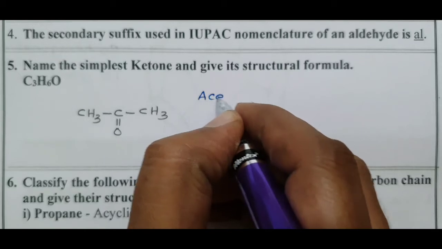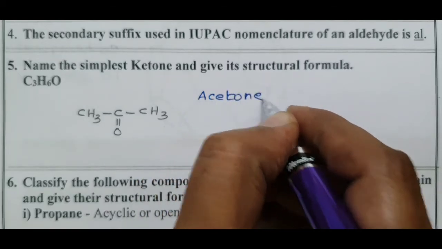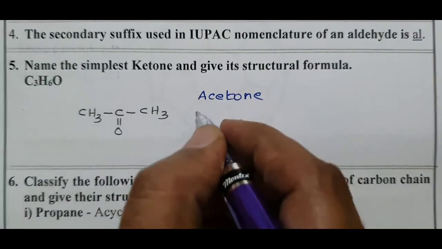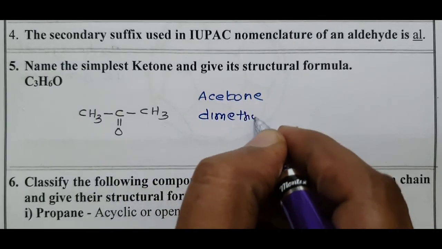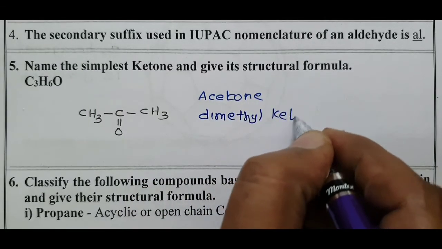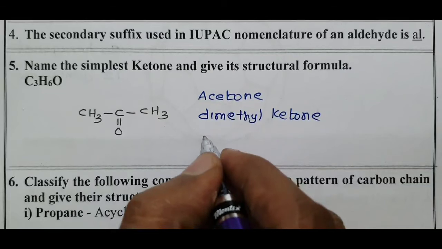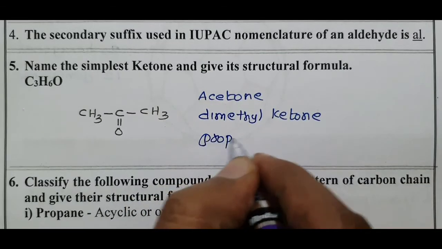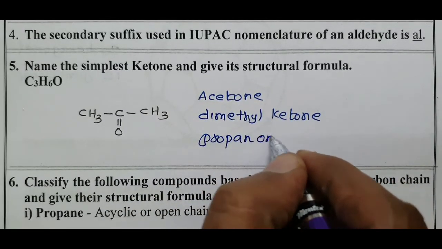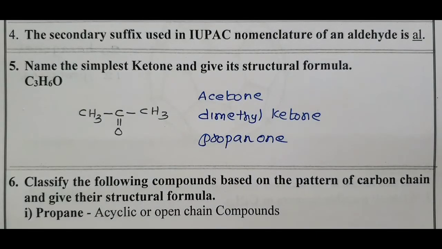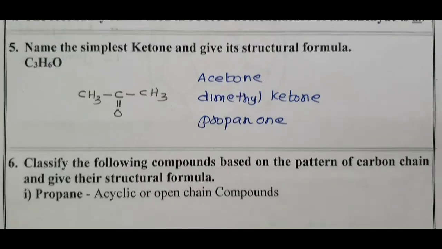Common name, one is acetone, and another is dimethyl ketone, that is methyl methyl ketone. And the IUPAC name: 3 carbons, root word prop, carbon-carbon single bond, an, ketone, name ends with one, so propanone.